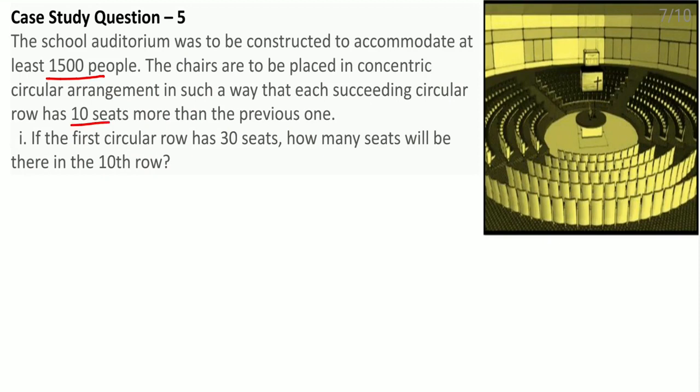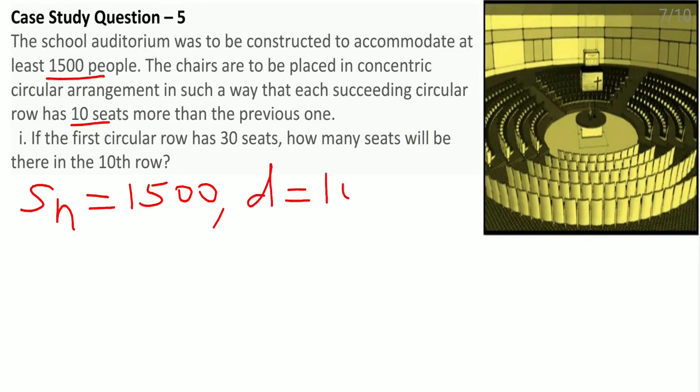So that means they gave total number of seats. That means Sn is given. Sum of all the concentric circles or seats we can say. So 1500 here. And they have given you common difference also. So 10 seats. So in every row, 10 seats will be more.